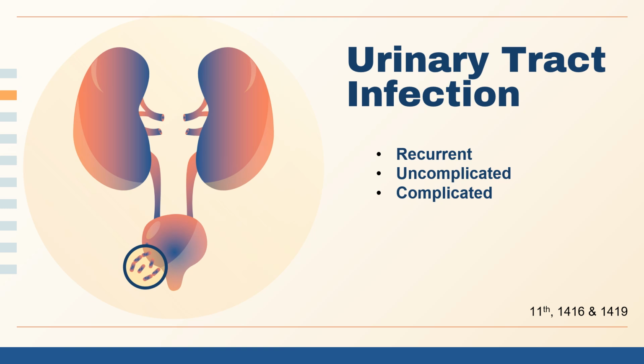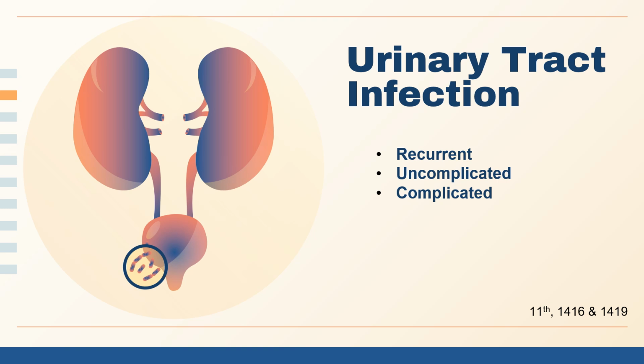Some factors that contribute to the diagnosis of a complicated UTI are pregnancy, having a male genitourinary system, obstruction, diabetes, neurogenic bladder, chronic kidney disease, and reduced immunity.